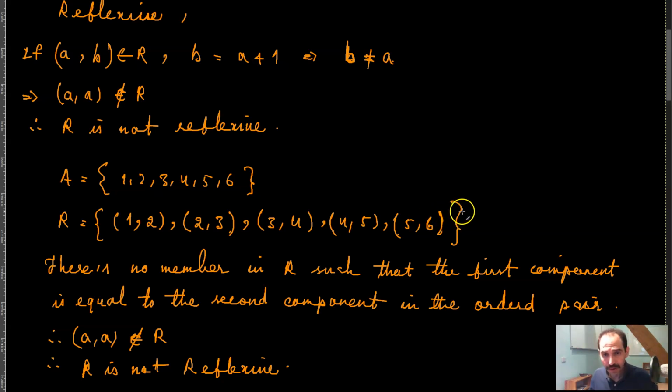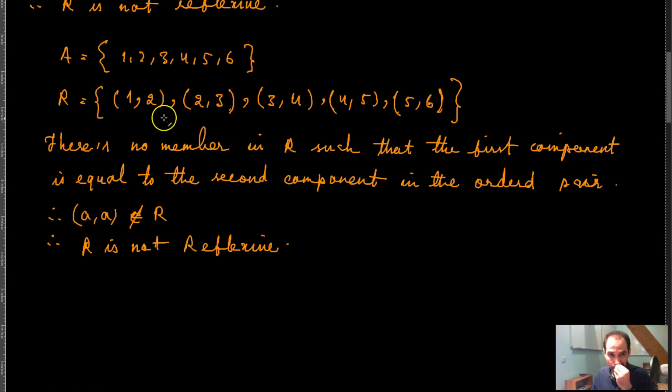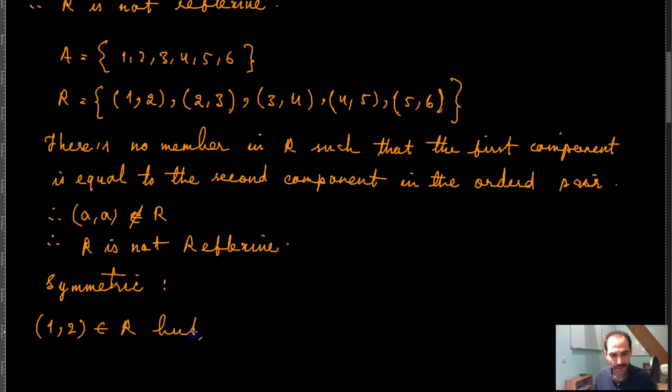Now, to show that R is not symmetric, it's easy to show that, for example, (1, 2) belongs to R, but (2, 1) does not belong to R, based on what we have written over here.